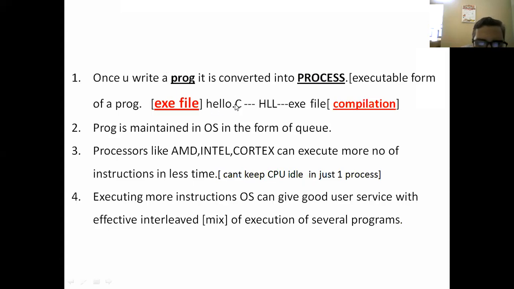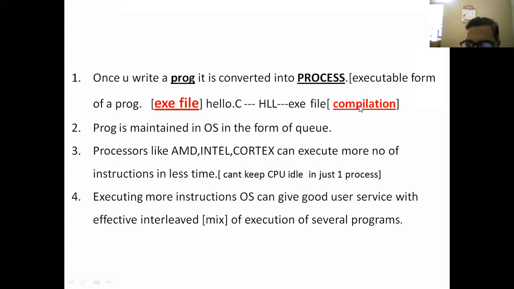A process is nothing but the executable form of a program. For example, suppose I write a C code by the name hello.c. This C code, a high level language, will be given for compilation.